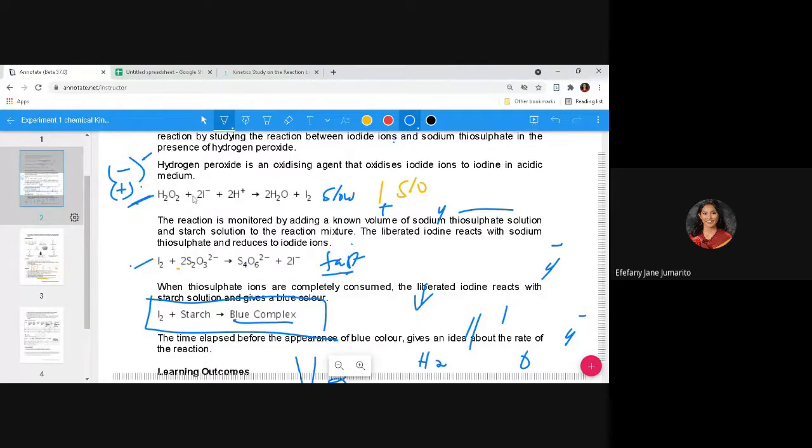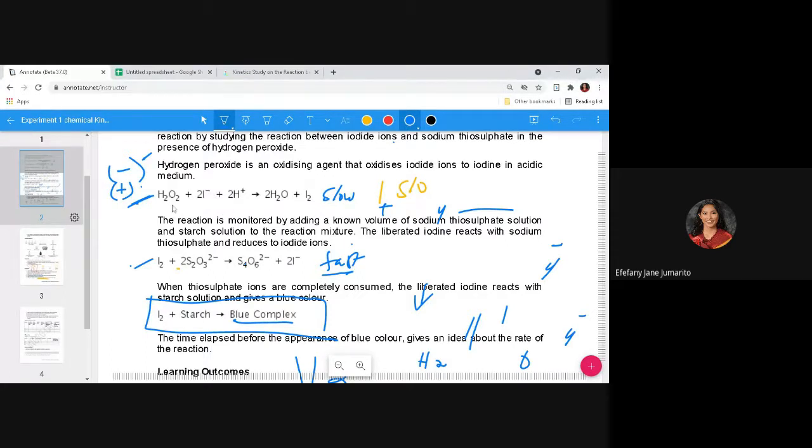An example of a slow reaction is rusting of our metals. When exposed to air, the iron will be oxidized and then form rust. That reaction is very slow because you can't see it happen; it takes years. So that is an example of a slow step reaction.